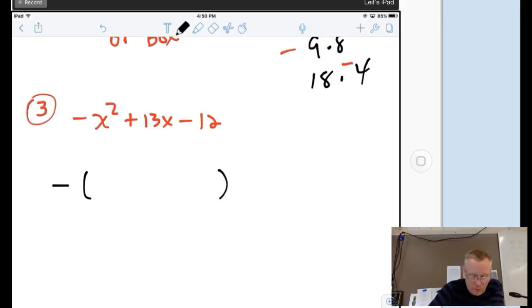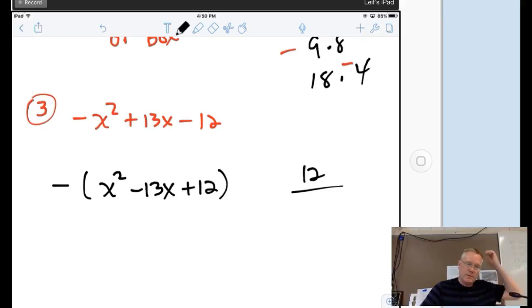And if I pull that out, what I'm left with is positive x squared. The 13x becomes negative 13. You're changing all the signs inside of the parentheses, and the 12 also becomes positive, okay? So I get that, and this makes it much, much easier for me anyway, because now I can go over here and I can say, what are the factors of 12 that add up to negative 13?